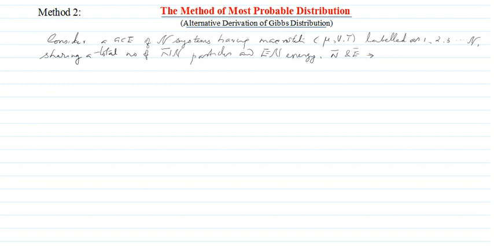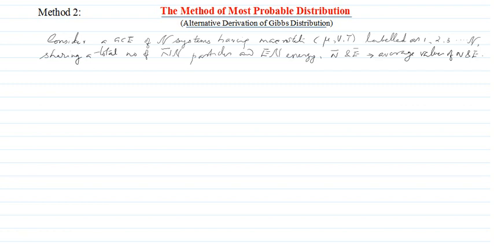So we can see that they are the average values of N and E. Please note the difference in the notations here. The script letter or curly letter N denotes the number of systems in the grand canonical ensemble, each of which consists of a certain number of particles, and the particle number is permitted to change in a grand canonical ensemble.